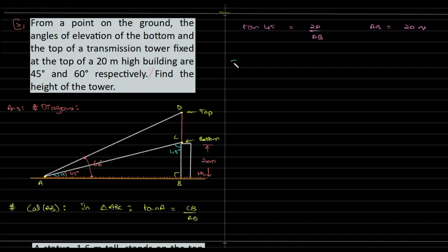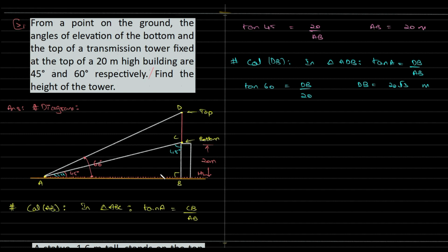Next we'll be calculating DB. How? In triangle ADB, we have tan of A, which is opposite by AB. So tan 60 degrees is opposite by AB, which is 20. Tan 60 is root 3. So DB is equal to 20 root 3 meters.